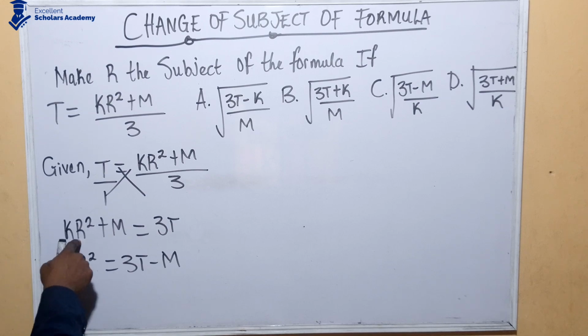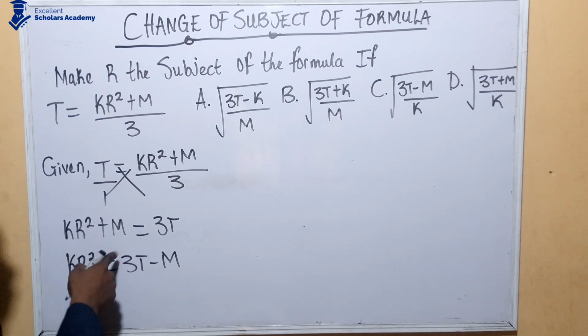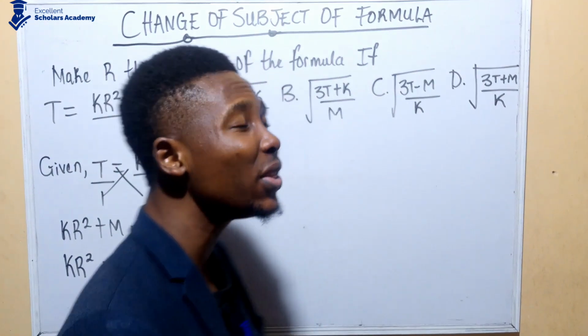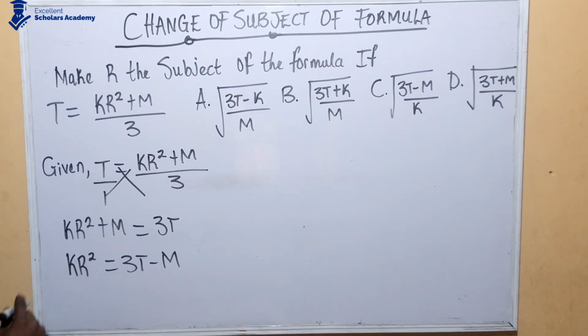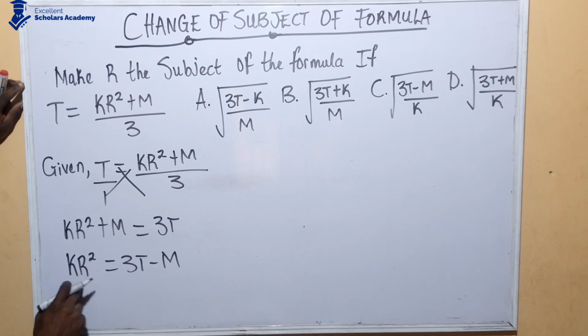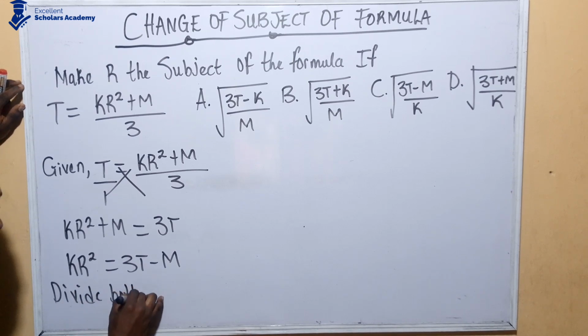Yes, because you are trying to make r squared the subject of the formula, you have to take away, or evacuate, everything that will not make r stand alone. So take plus m to this side, it becomes minus m. Now, from here, what is another thing obstructing r? k. So we can divide both sides by k.